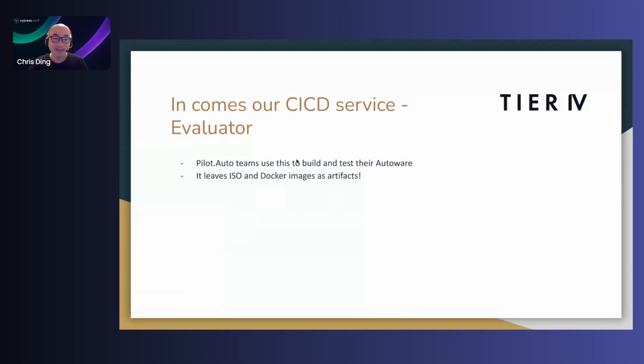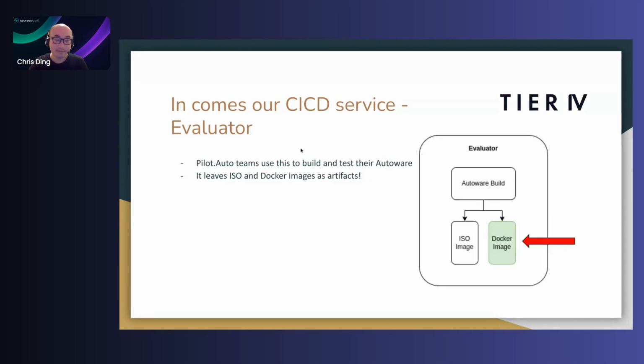But the upside is that it also leaves ISO images and Docker images as artifacts. That is actually very useful for us. The Docker image is the one that we use for our E2E tests. And we can run those images on AWS because the Docker image is very easy to run. And so it is problem solved.